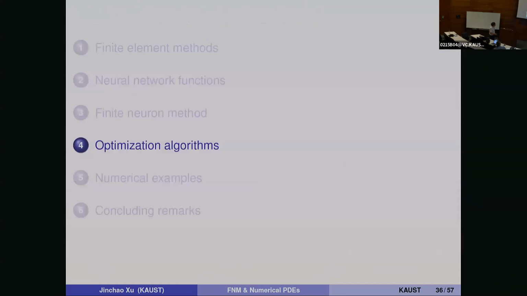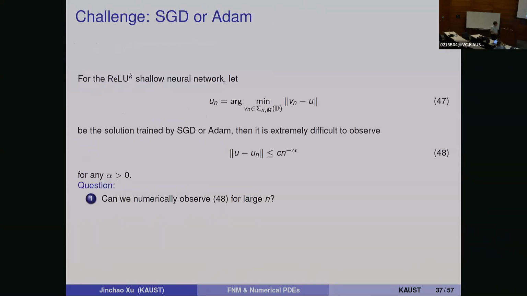And the optimization algorithm, the whole question is how do you solve this optimization problem? The most interesting case is that if you look at all these papers on PDEs, most people use the gradient descent method, stochastic gradient descent, SGD, for good reason.